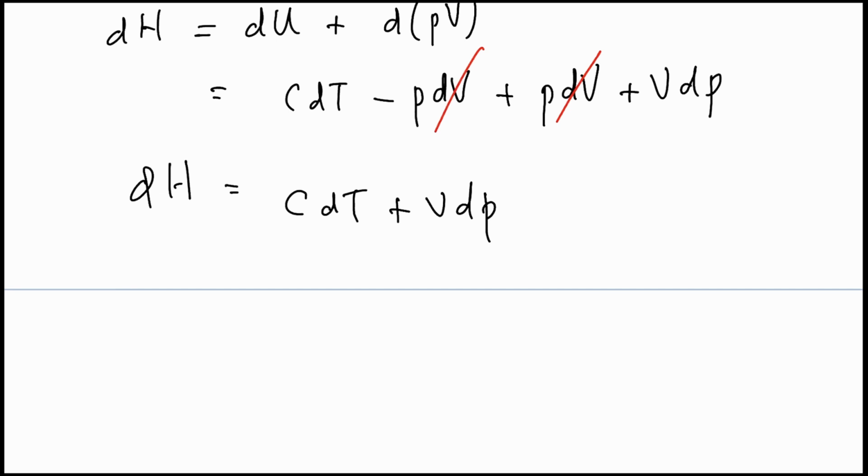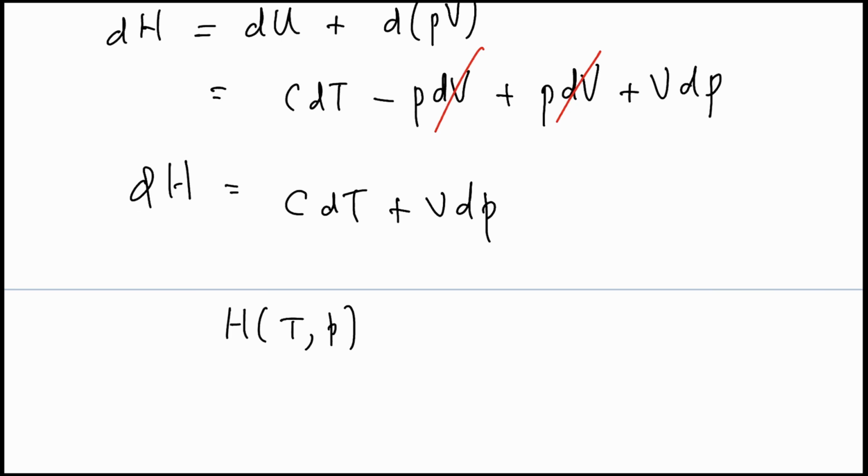And so what this tells me, if I look at that, let's say we just started with that expression, is that my H is a function of T and P. So instead of U being a function of T and V, H is a function of T and P. How do I know that? Because when I take dH, I get a dP.